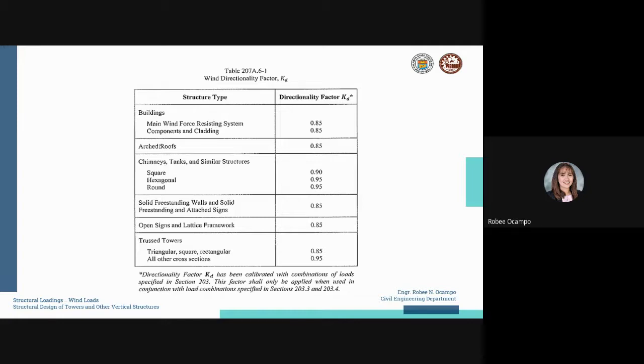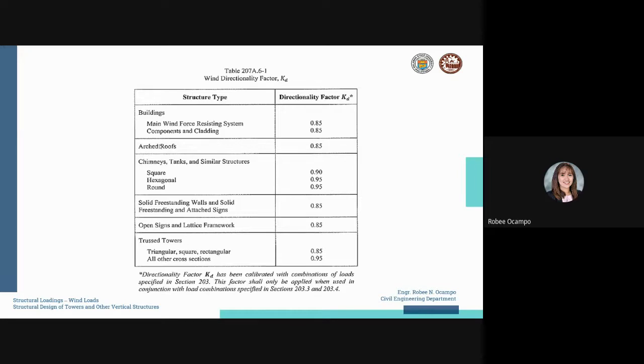Okay, so pag buildings, yung project natin, for MWFRS and C&C, we're going to be using 0.85, both for, of course, the MWFRS and the C&C. Isa lang yung value. Okay, and if you're going to be computing wind load for arched roofs, you also have 0.85 for the directionality factor.